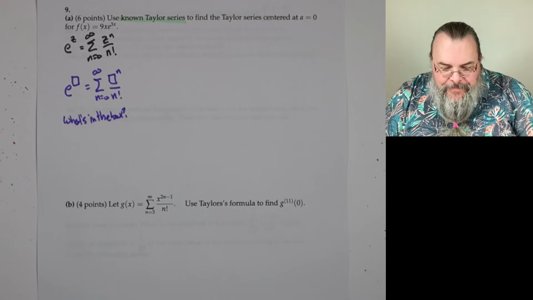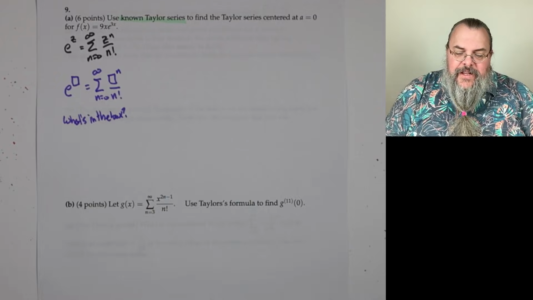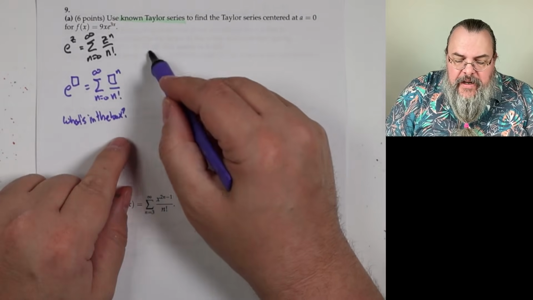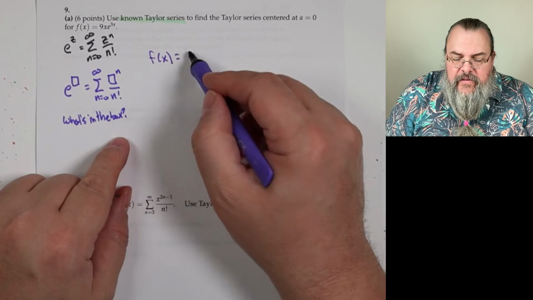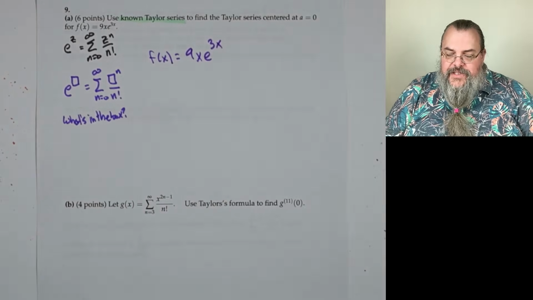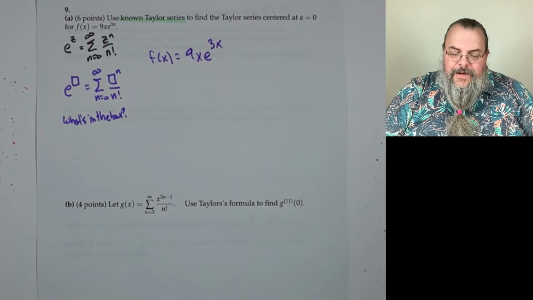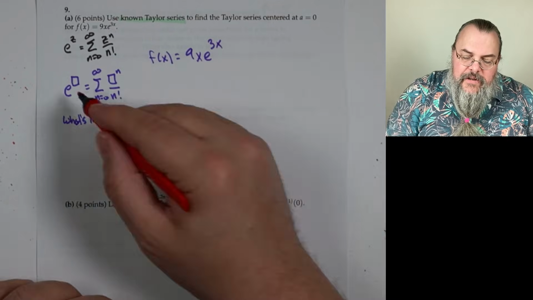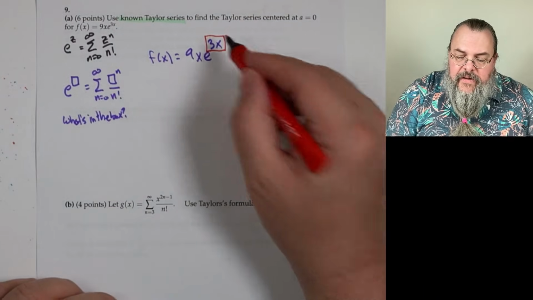All right, so let's work here. f of x is 9x e to the 3x. Do you see the box? What's going into the e? It is the 3x.